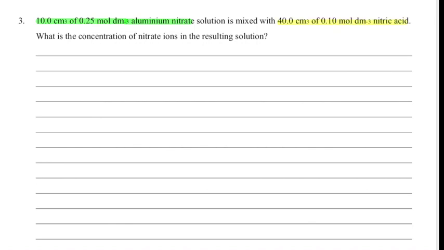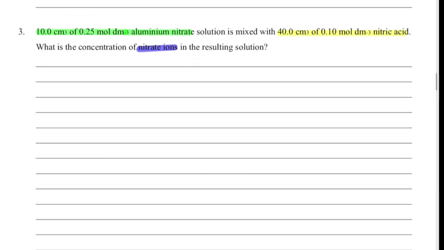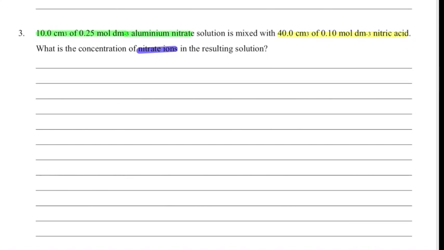And what is the concentration of nitrate ion in this resulting solution? Here it just gives you the name of the substance, so to help you understand the question, write the formula out first. So aluminium nitrate, the formula should be this.